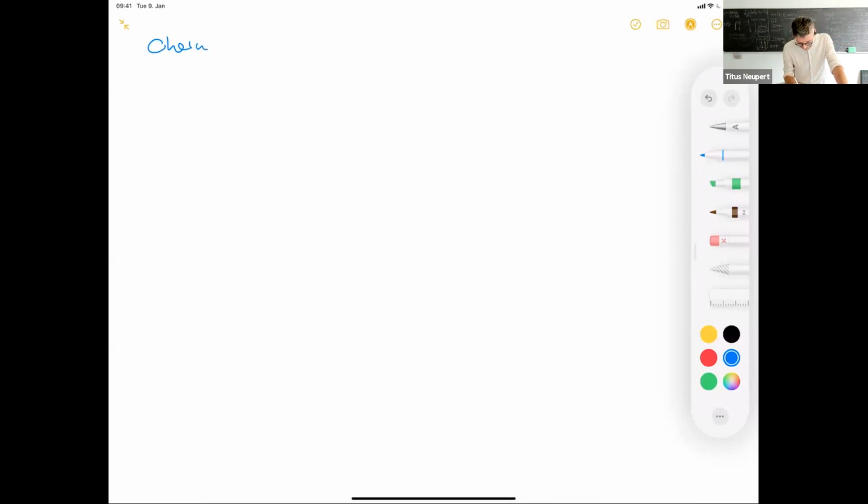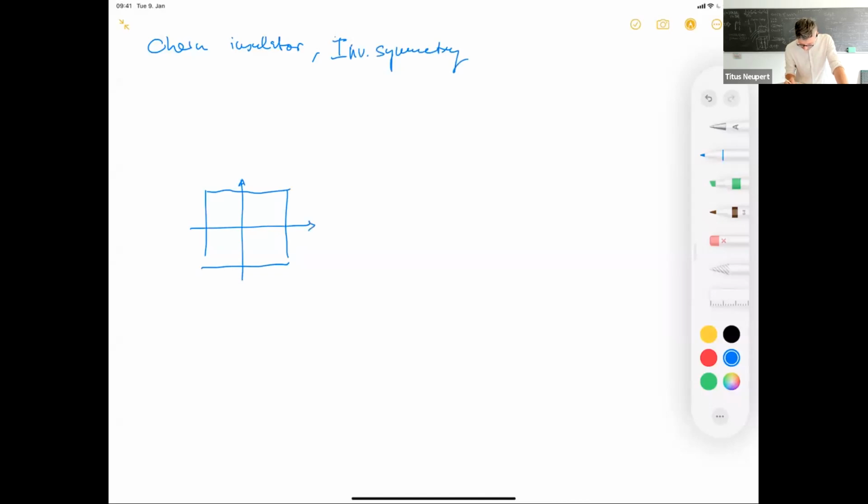So let's consider we have a Chern insulator, and it has inversion symmetry. The key signature is the inversion eigenvalues of the occupied band at the inversion symmetric momenta.